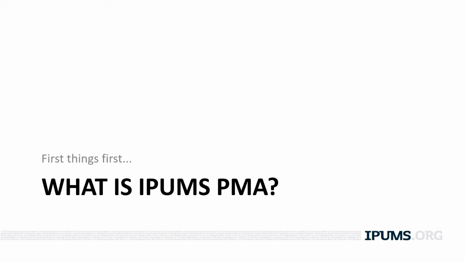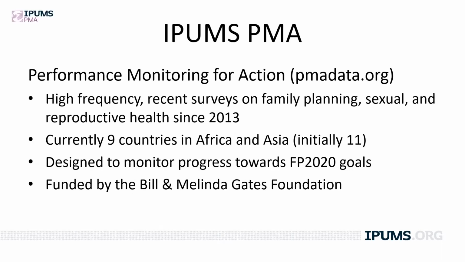First things first, what is IPUMS PMA? I'm not sure how many people here have used IPUMS data before, or if you've heard of PMA data before, but IPUMS PMA is the integrated version of Performance Monitoring for Action. This is a high frequency survey series that started in 2013.